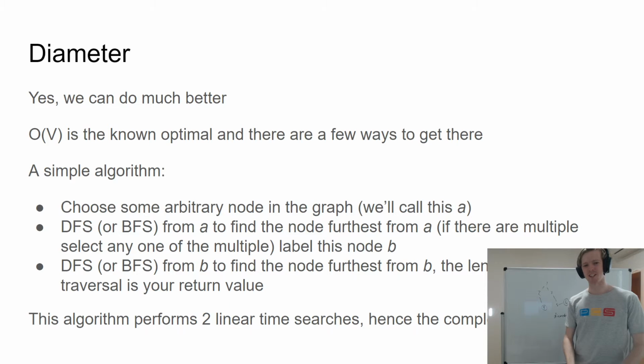What I'm going to do is pick any arbitrary node on the tree. I will then DFS or BFS to the node that is furthest away from that arbitrary node, and I'll select that. I'll then DFS or BFS from that node all the way to the maximum path from that first found node, and that will be my diameter.